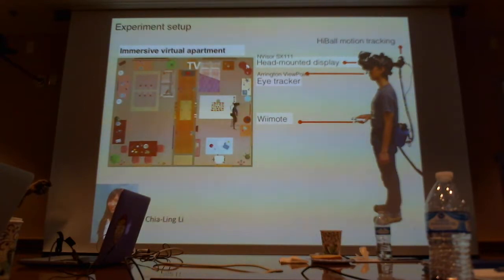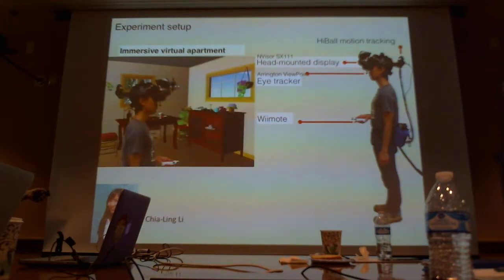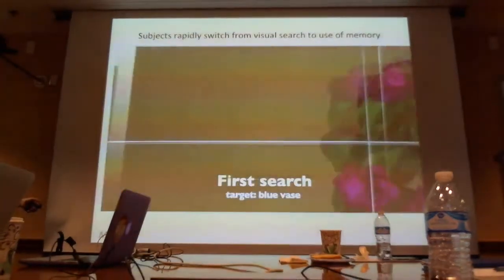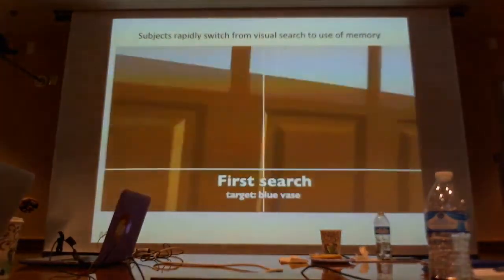They're searching for these little targets, and the targets are on these 8 surfaces. You're moving around, searching, and so here's what it looks like from the head mount display.